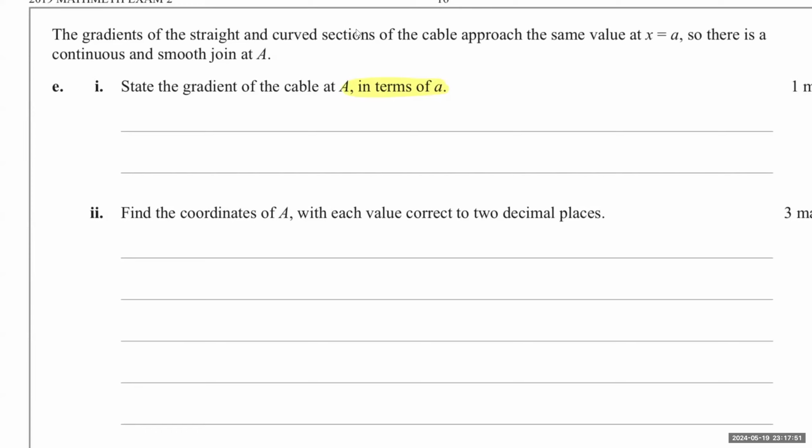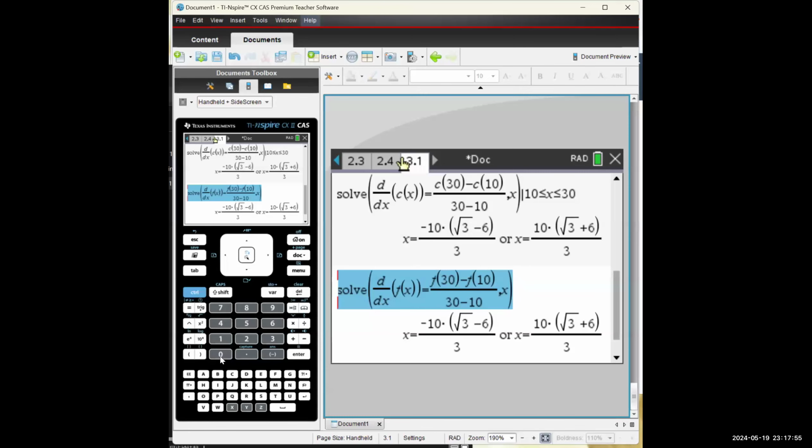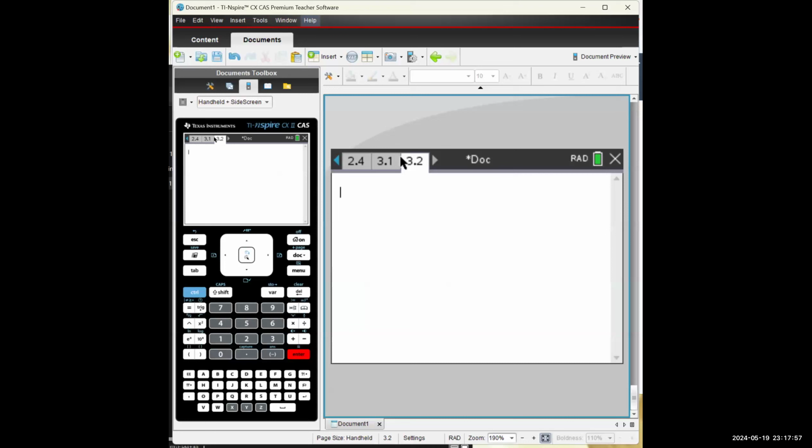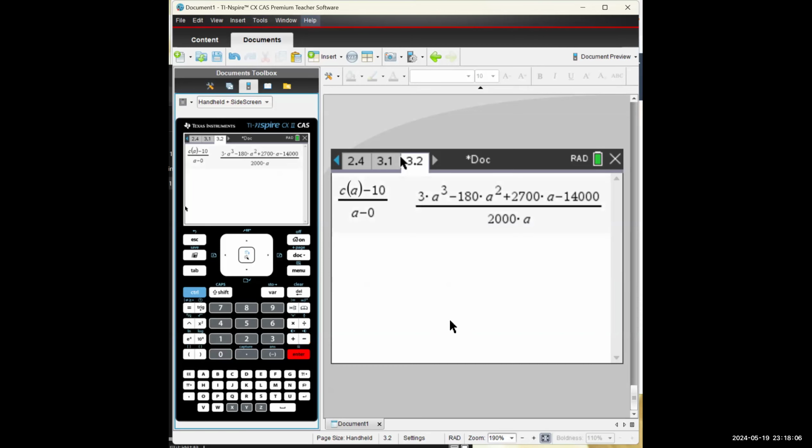So let's say one version of the gradient is c of a subtracting 10, over a minus 0. So you could get something along this line. This is one possible expression. And then you could take the derivative c dash of a. Well, this is also another expression.